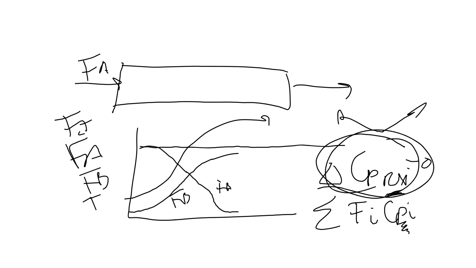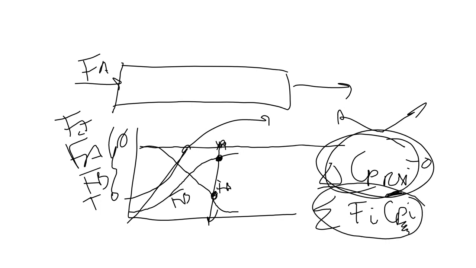So I use the Cp values at the inlet, and that is actually relatively fine for most applications when there's not a huge increase in temperature. So I can calculate that by taking the flow rates as they are at any position. So this is my FB times the Cp value of B, this is FA times its Cp value, plus F inert times its Cp. I can calculate it like that.